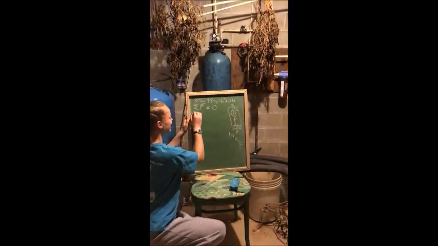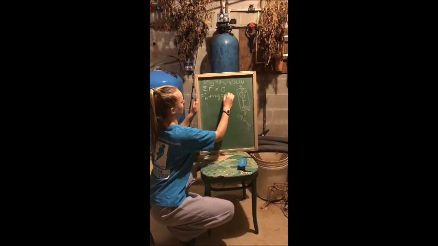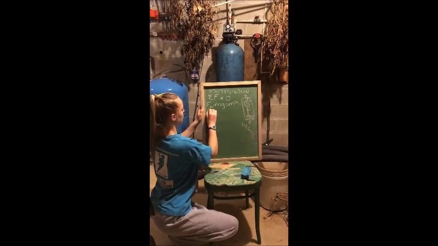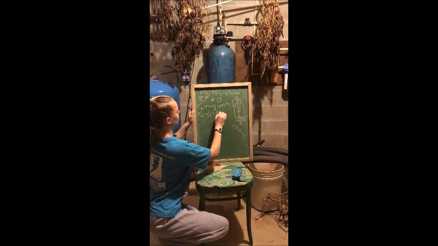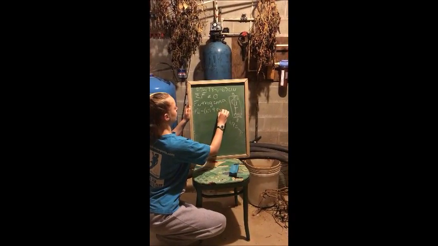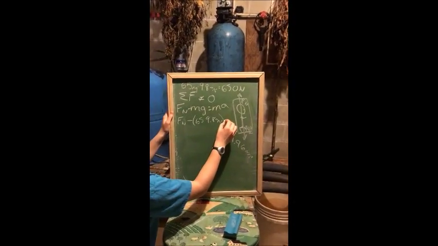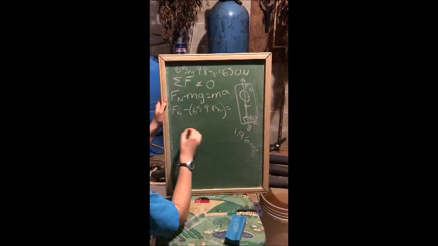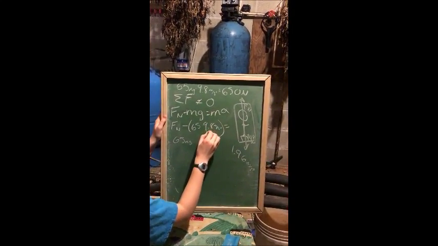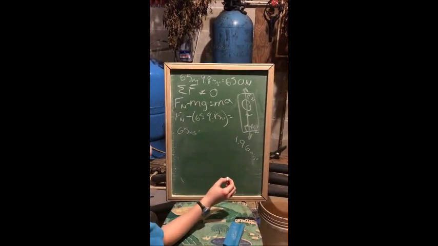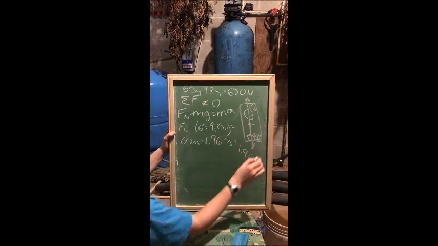So that means that the normal force minus her weight is equal to mass times acceleration. Subbing in what we know, we find that normal force minus 65 times 9.8 meters per second squared is equal to 65 kilograms times 1.96 meters per second squared.